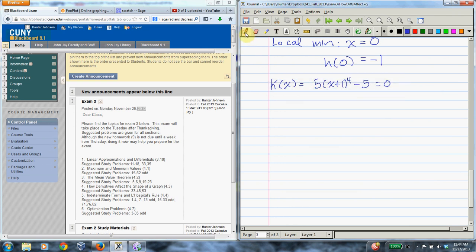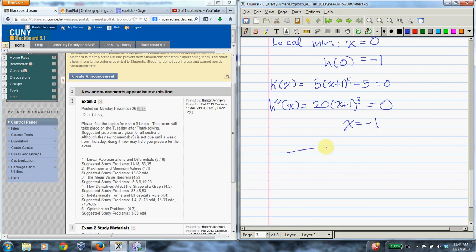Now I'm going to take the second derivative, h prime prime equals 20 x plus 1 cubed. Set this thing equal to 0 and solve it. Clearly the only solution is x equals -1.